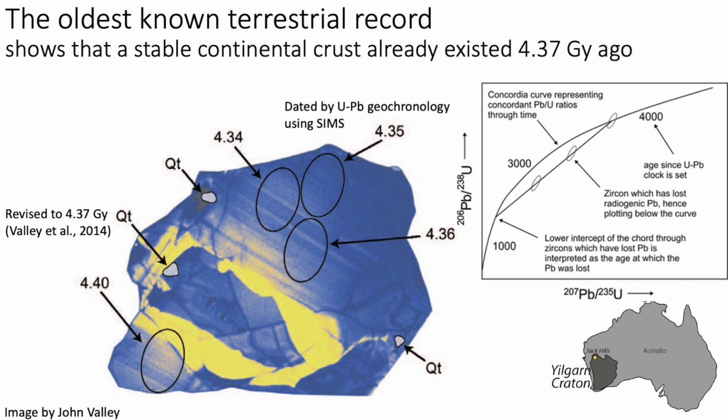And this lower intercept of the chord is the most recent time where the zircon lost lead through time. So that's the origin, and that's the last time it reacted.